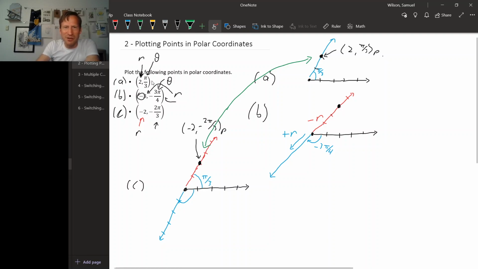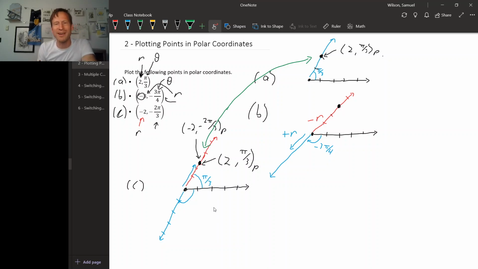And so another name for this point right here would be, if you use the angle pi over 3, that would make up and to the right the positive r direction, and you'd go 2 units in that direction. So another name for this point in example C is 2, pi over 3 in polar coordinates. So that really justifies that the 2 points from example A and example C are actually the same point.